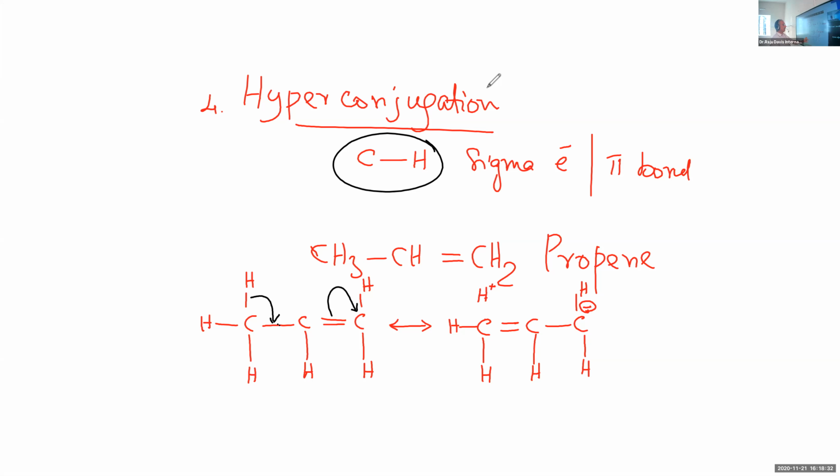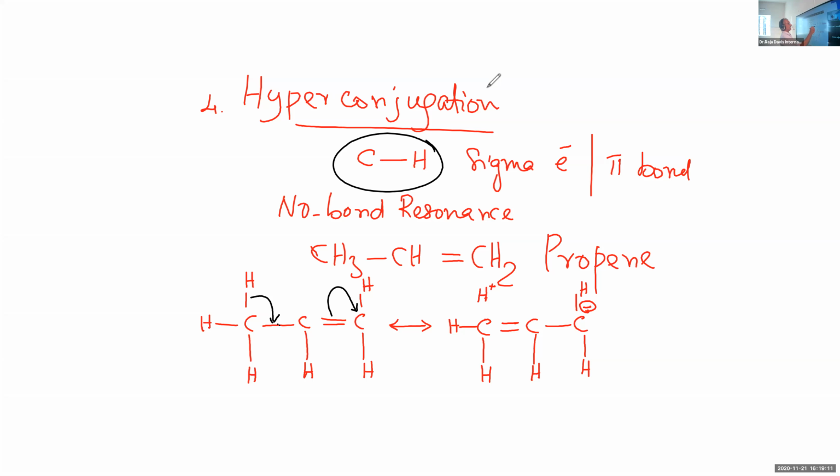Since there is no bond between H plus and the carbon atom, it is called no bond resonance. It is called a resonance because a pair of electrons between carbon and hydrogen is shifted. So there is a resonance. Still there is no bond between hydrogen and carbon, and therefore, it is called a no bond resonance.